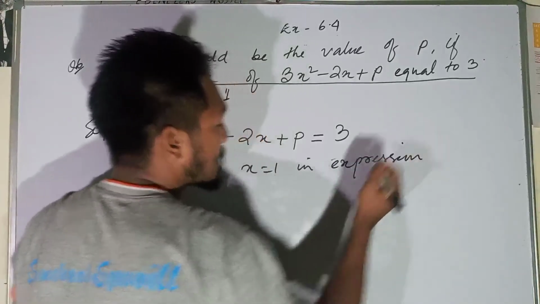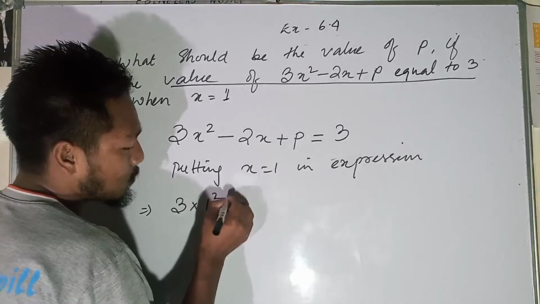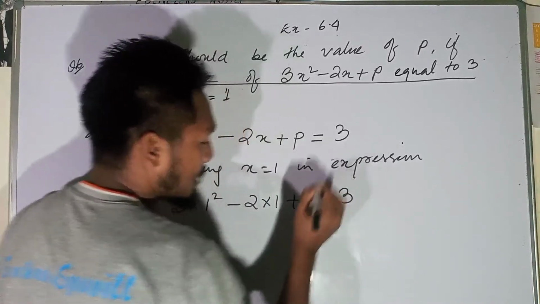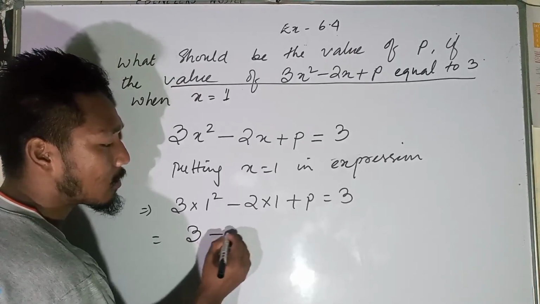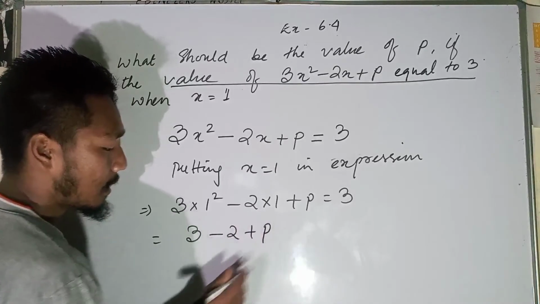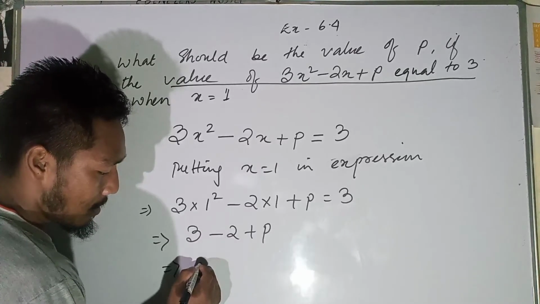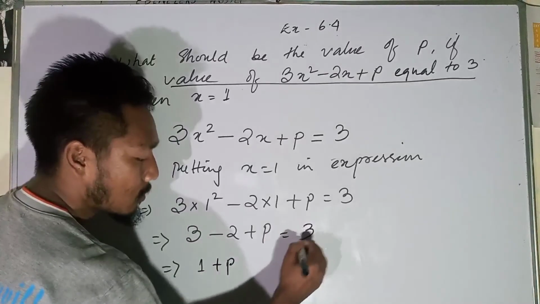Now wherever x is there, you put the values. So 3 into x squared, that means 1 squared, minus 2 into 1, plus p is equal to 3. Now 1 squared is 1, so 3 ones are 3, 2 ones are 2, plus p. Now 3 minus 2 is 1, plus p is equal to 3.